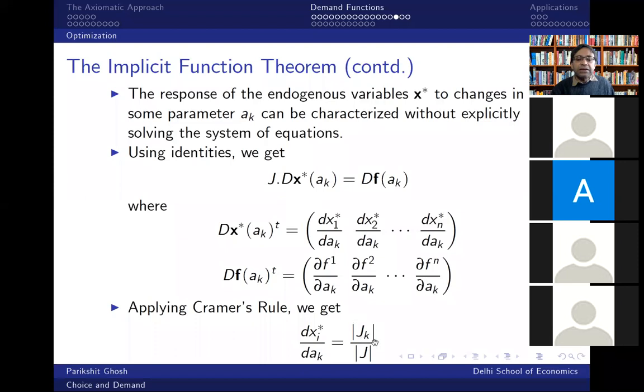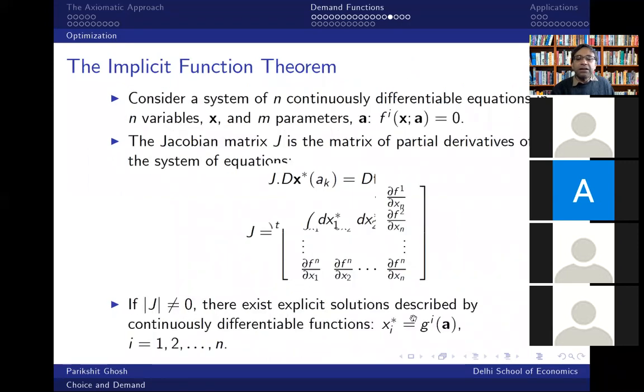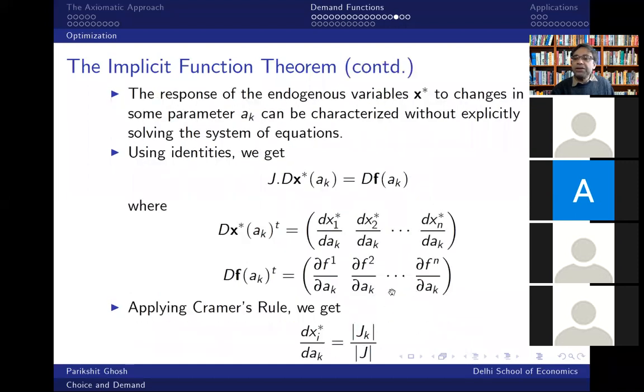Well, the implicit function theorem says that this is how. The solution is basically this partial derivative, right? How the ith endogenous variable changes in response to a change in the kth parameter. That's what this derivative is, right? It's given by this formula. In the denominator, you have the determinant of the Jacobian matrix, and that's where this comes in, right? If this determinant was 0, then this would be just undefined.